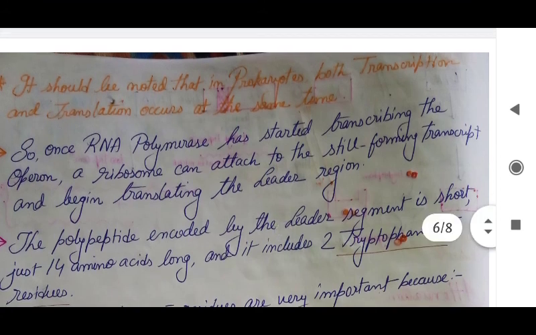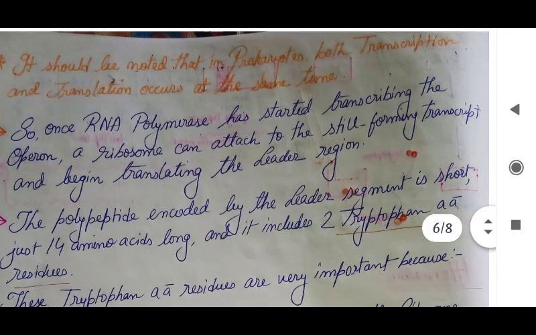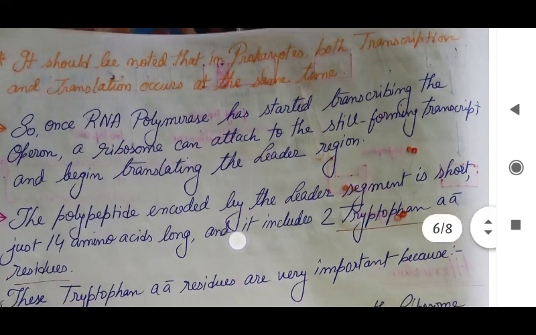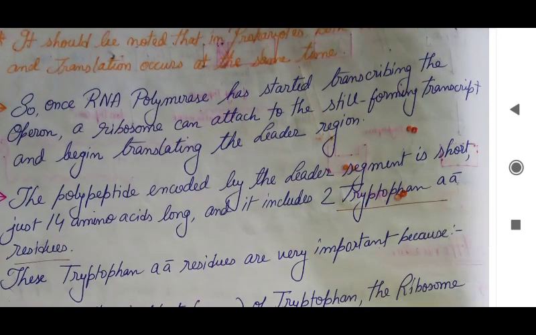Once RNA polymerase has started transcribing the operon, the ribosome can attach to the still forming transcript and begin translating the leader region, because the leader region is at the very beginning, right?